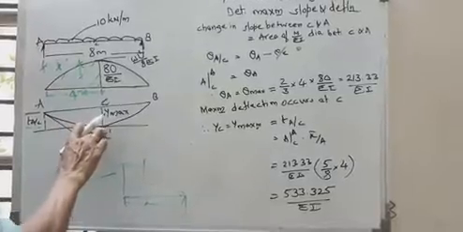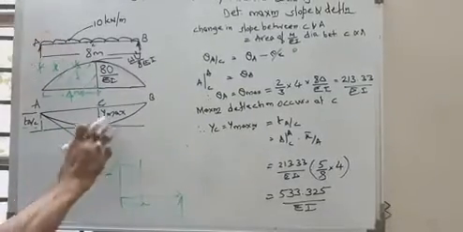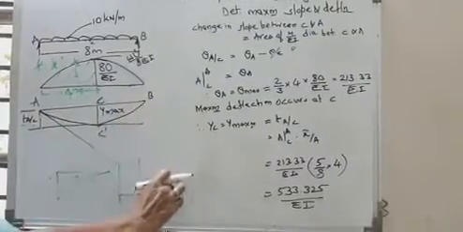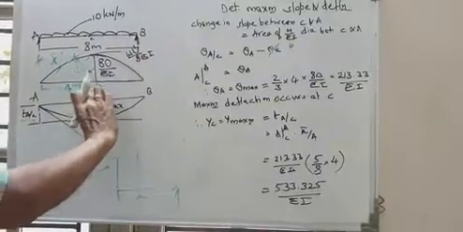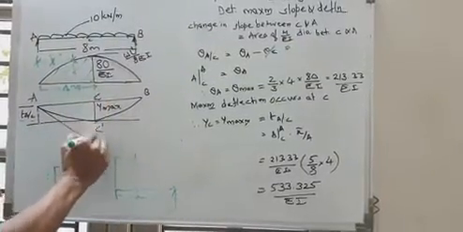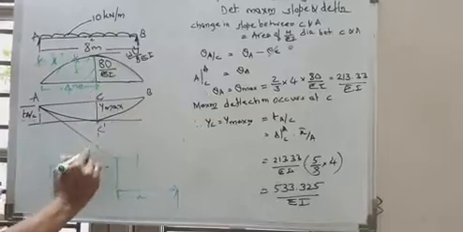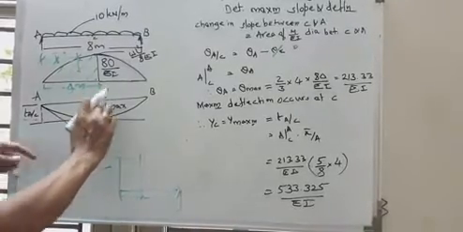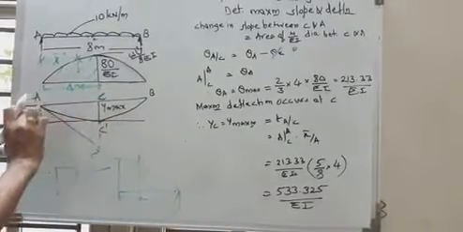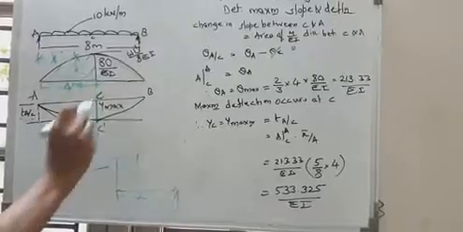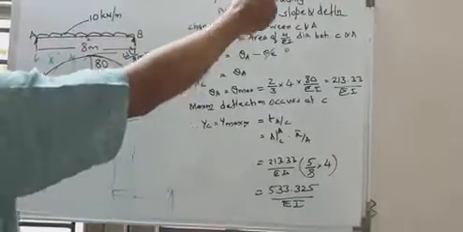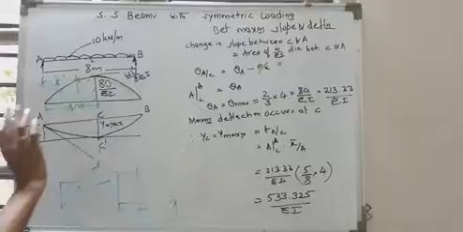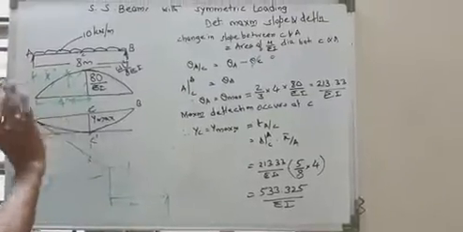If it is not the point of maximum deflection, then you have to calculate TBA first, then you have to calculate C double dash like this, then C dash, C double dash you have to calculate, then this minus this gives you that Y maximum. But this is the advantage of a simply supported beam with symmetric loading. Whenever symmetric loading is there, maximum deflection occurs at the center.